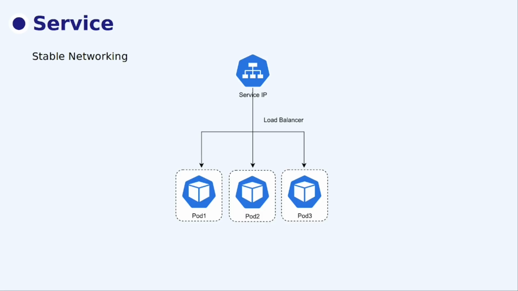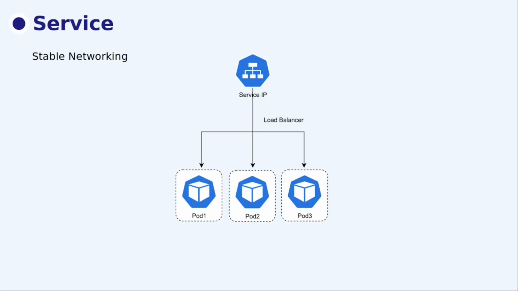A Service solves this problem by providing a stable network endpoint. The Service receives incoming requests and forwards them to the Pods behind it. It also performs load balancing, meaning it distributes traffic across multiple Pods evenly.